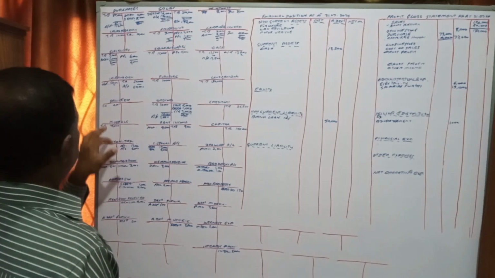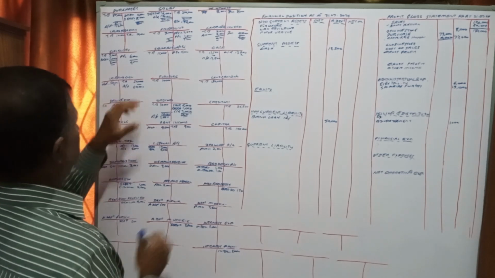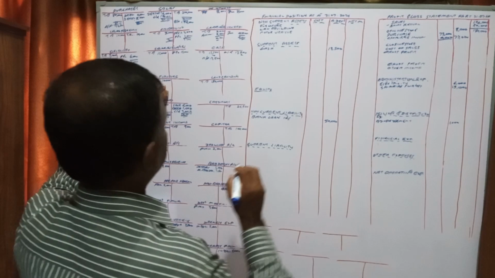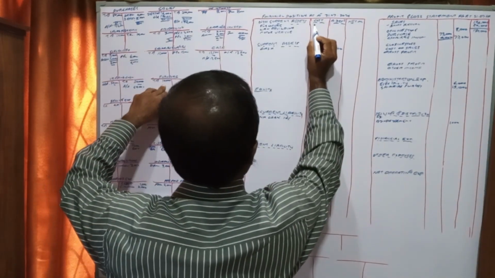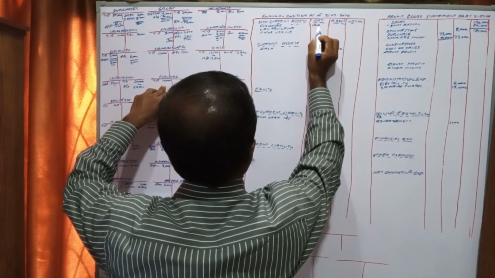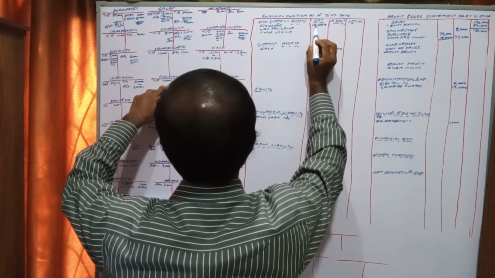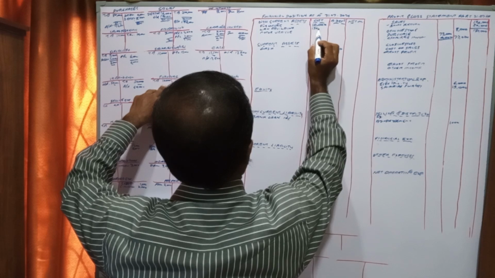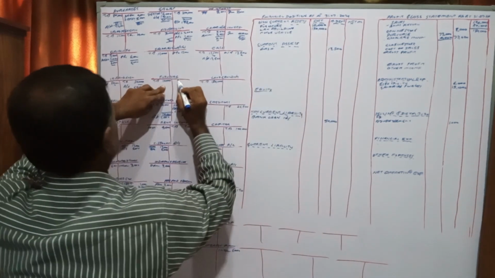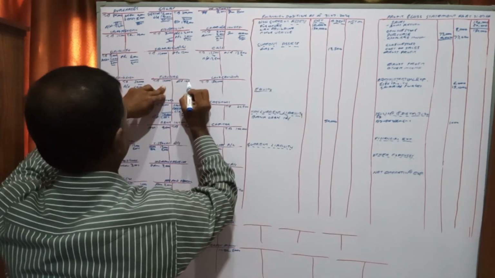So we came up to the bank account, right? Furniture account cost is 10,000, right? Land and building 150,000. This is carried down 10,000.